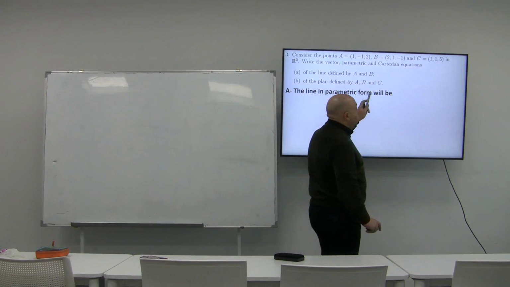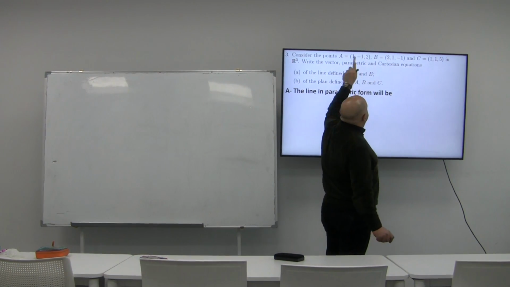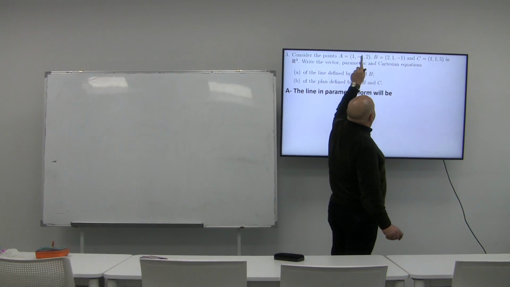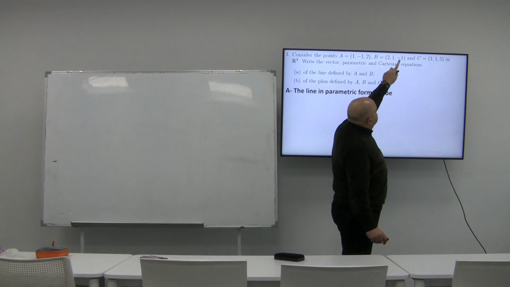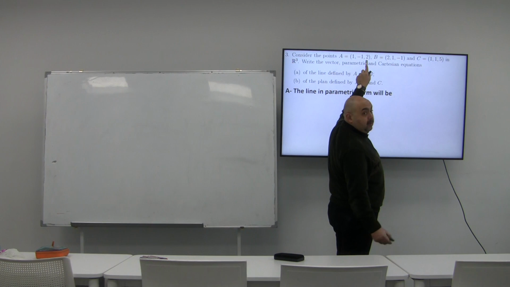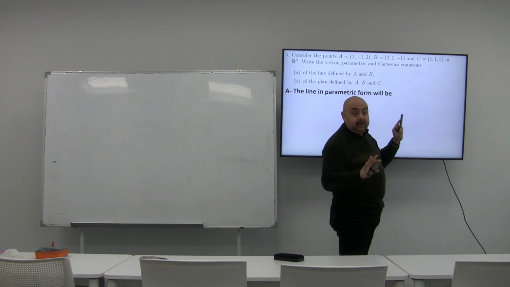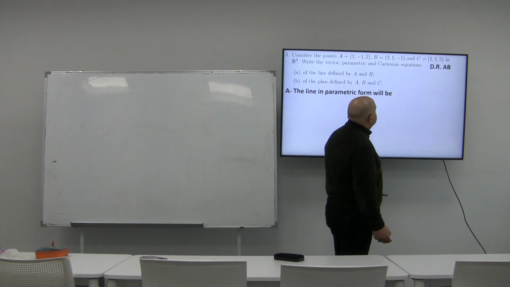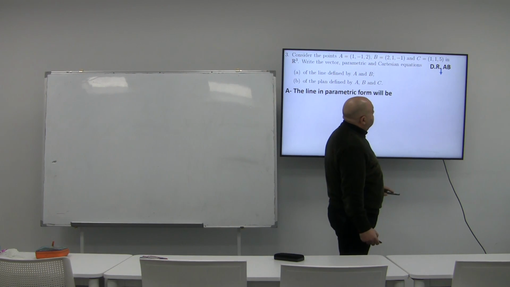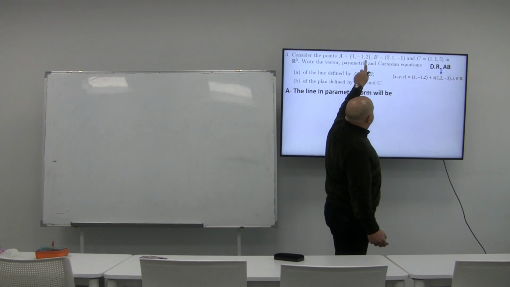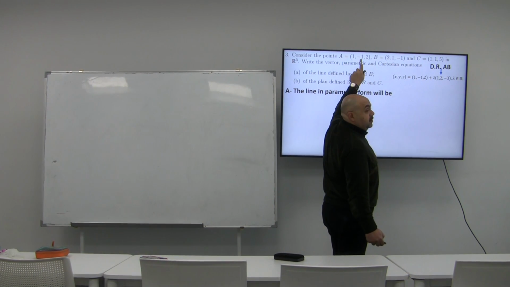The direction is going to be 2 minus 1, 1 minus negative 1, negative 1 minus 2, or vice versa, but you will have to keep the order of these subtractions. So to get the direction ratio of AB, all I have to do is, as I told you, take the difference between these 2 points.